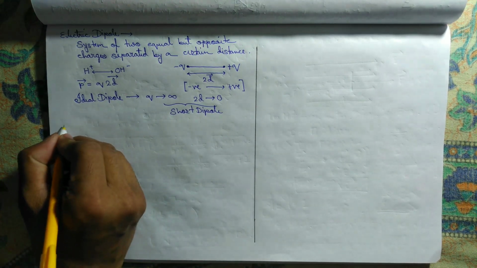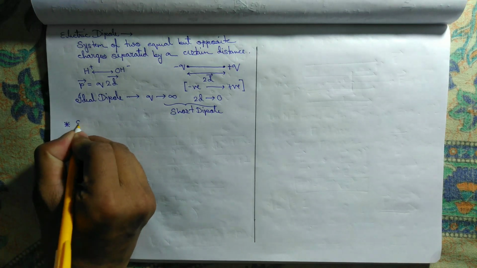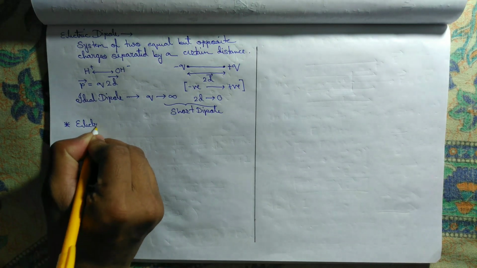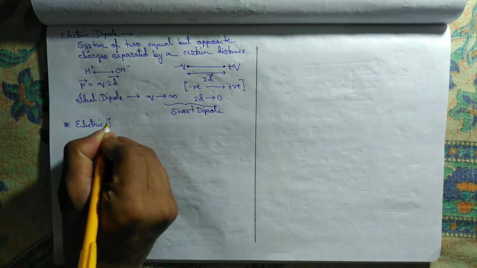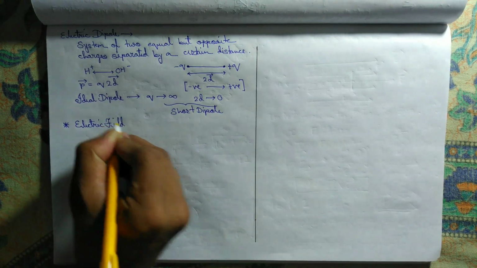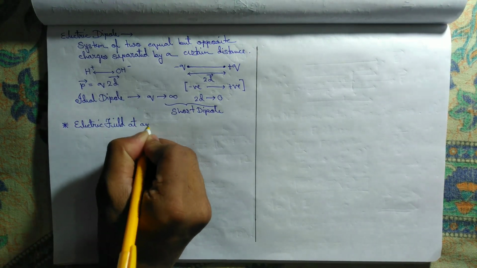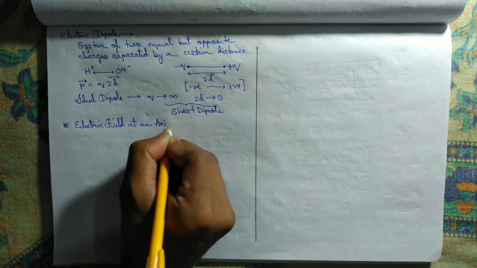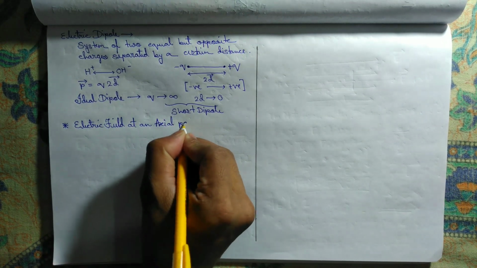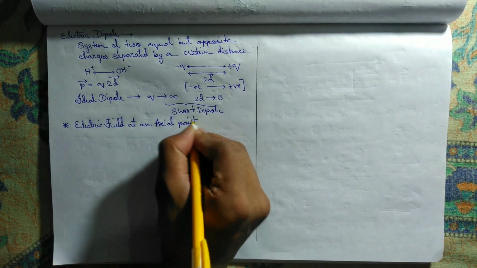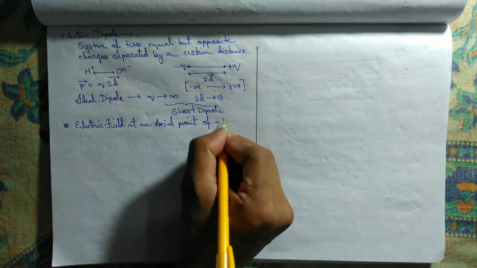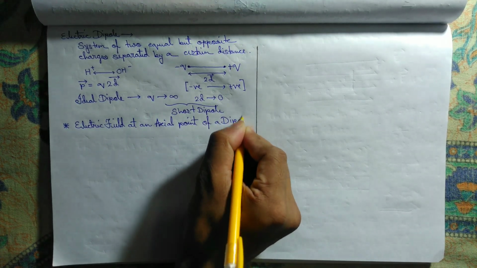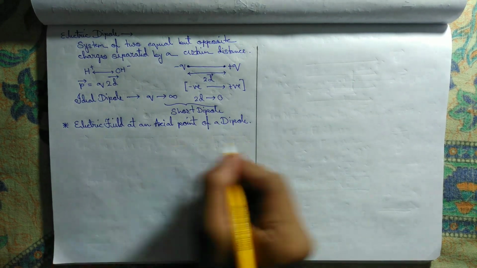So next we will find out the electric field at an axial point of a dipole. Okay, so let's take a dipole.